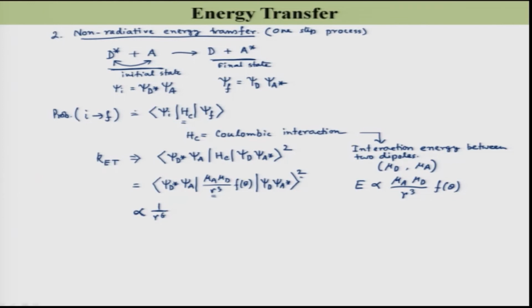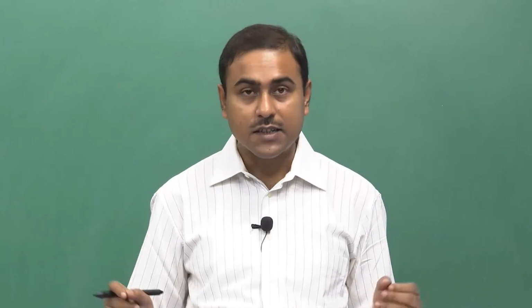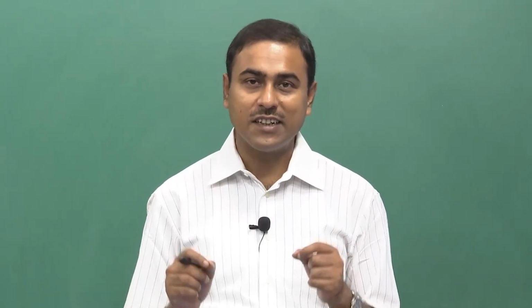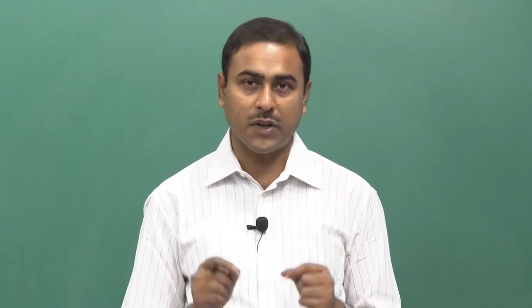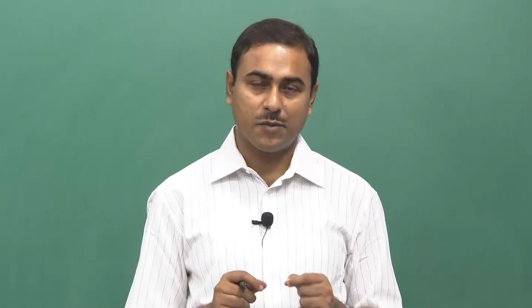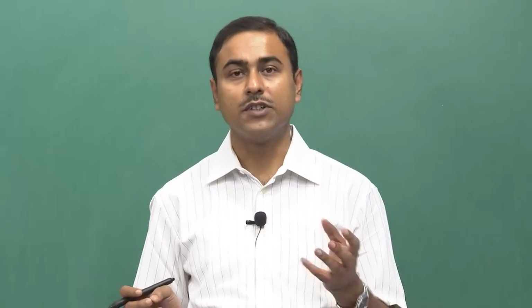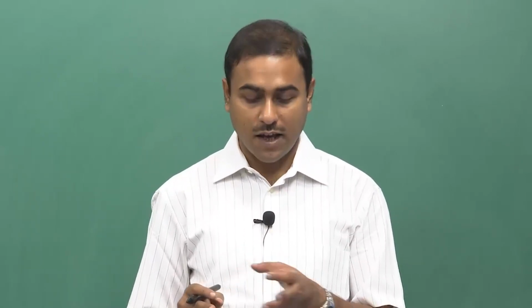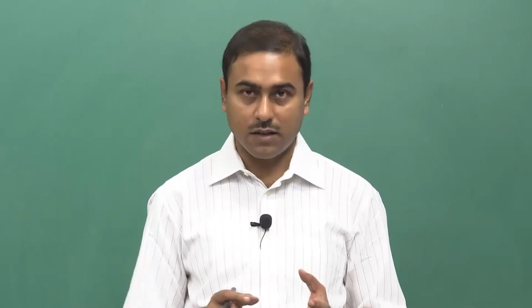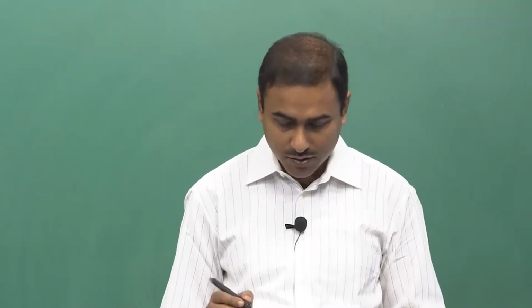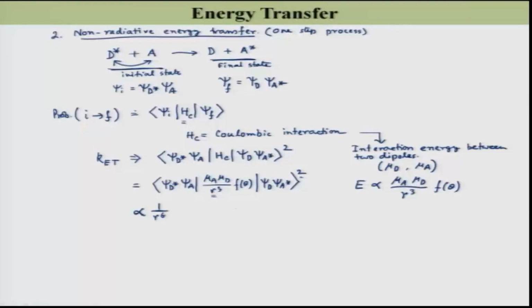That means here you can see that the distance between the donor and acceptor is really one of the important parameters to decide the fate of the energy transfer from D star A to D A star, right. We are going to see obviously the full expression. And as I told you, this also should depend on this f theta, right.